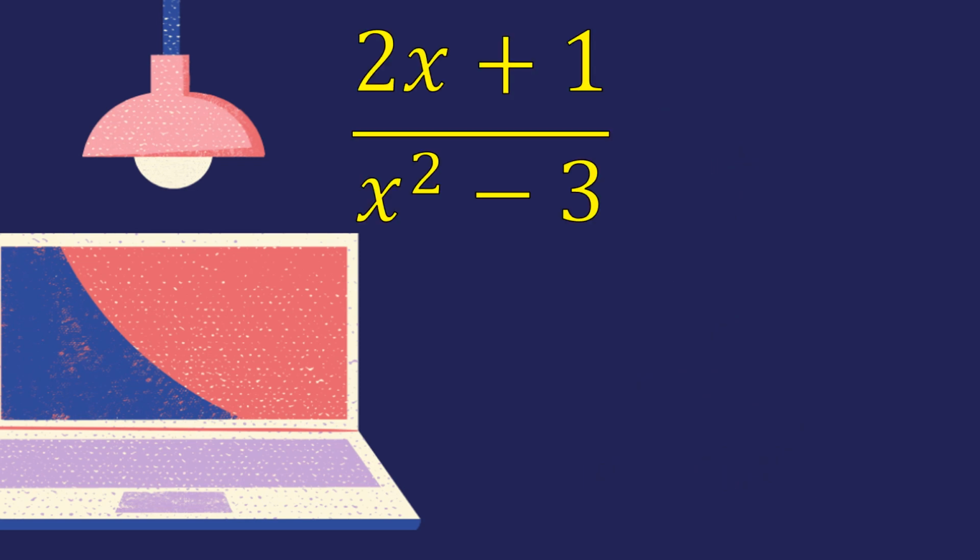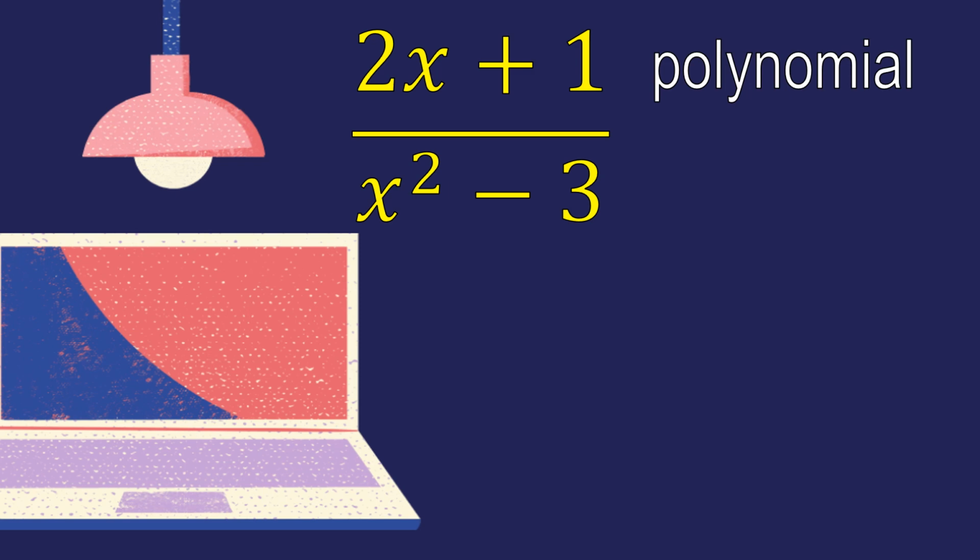For our second example, we have 2x plus 1 all over the difference of x squared and 3. Observe your numerator. We need to identify if 2x plus 1 is a polynomial or not. And the answer is, it is a polynomial.